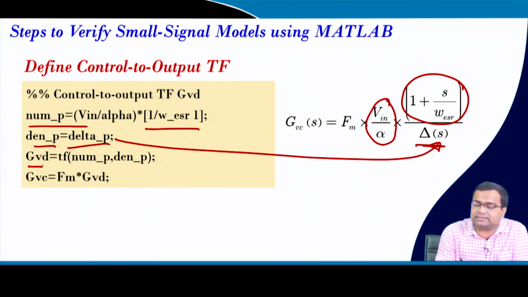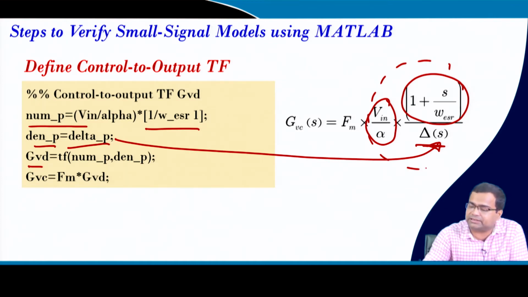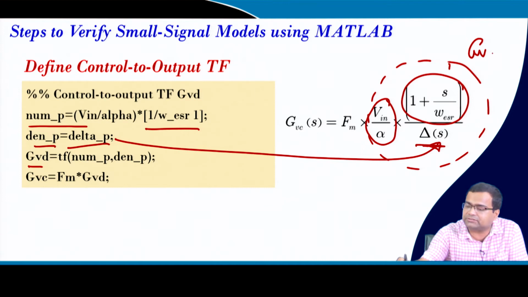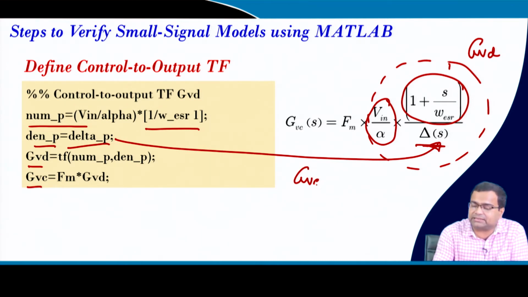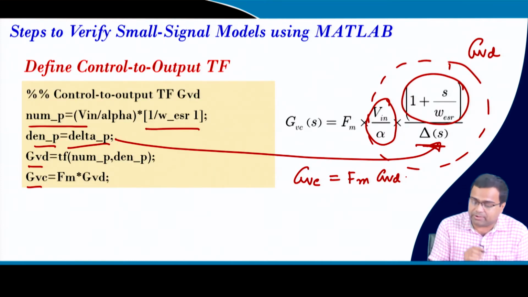This transfer function is my GVD. And what is my GVC, the control to output transfer function? This is my FM into GVD. Now, remember what is GVD?